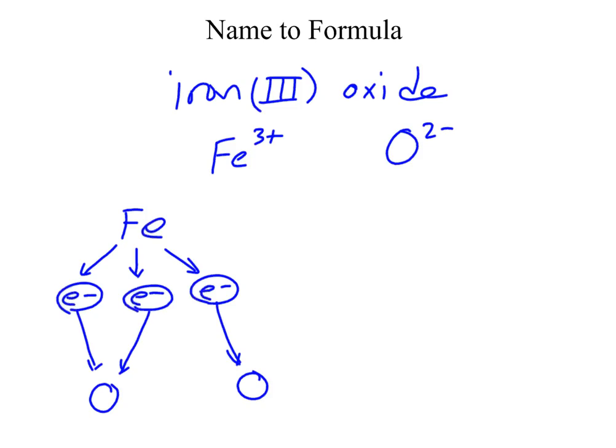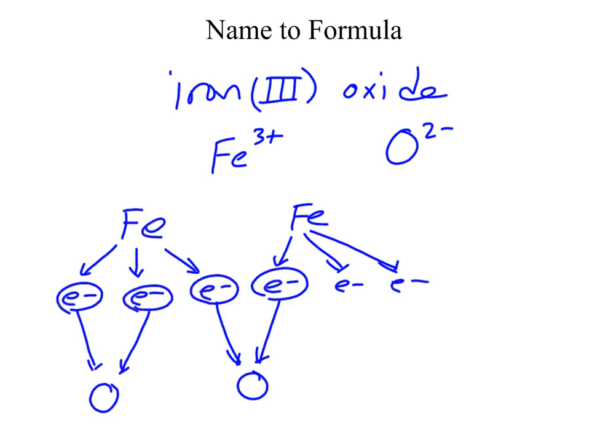However, that oxygen actually needs 2 electrons. So I'm going to need another one to make that oxygen happy. Where am I getting that 4th electron? Well, obviously from another atom of iron. But that atom of iron doesn't want to lose just 1, it wants to lose 3. And you can kind of see where this is going to go.